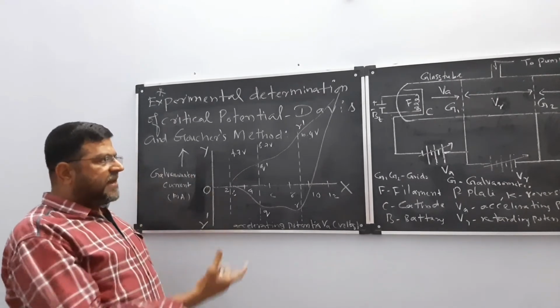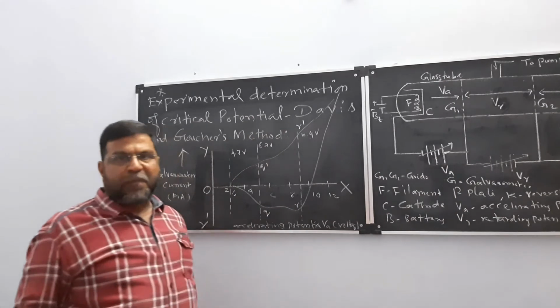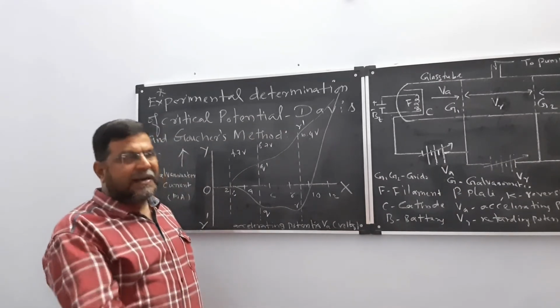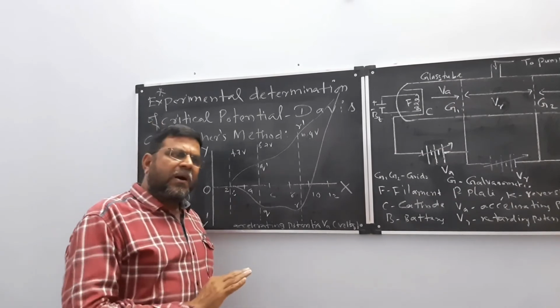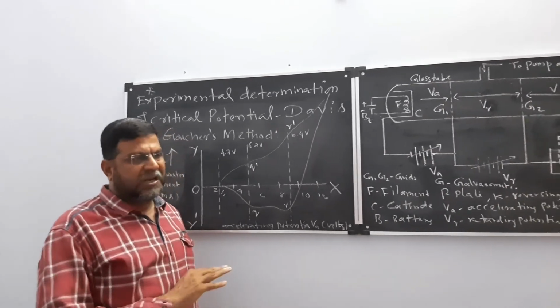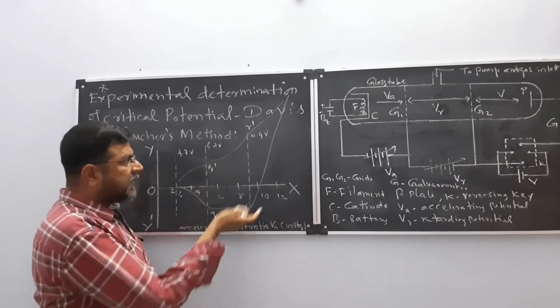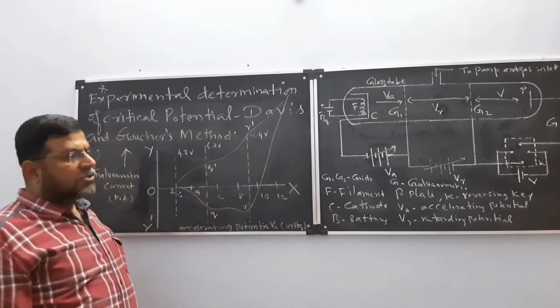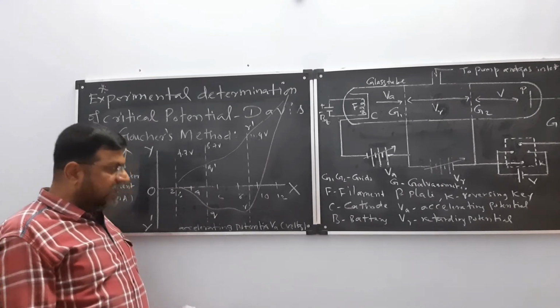So now we are varying the potentials. Due to the varying of potentials, they get accelerated, again retarded. Retarded means they are returning to the original state, so they are losing energy. Gaining energy, losing energy, gaining energy, losing energy. So if you draw in between these, we get a graph as shown here.